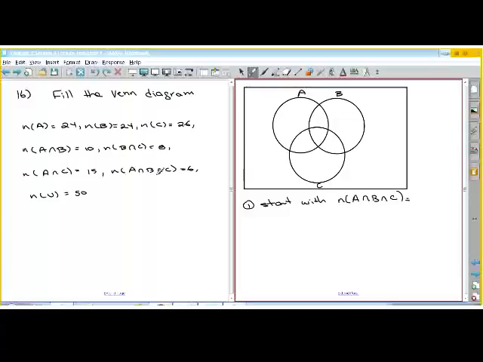So if we look on our given information here, we find that one of the statements involves the intersection of all 3 sets. That's 6. That number goes right here in the middle, 6.